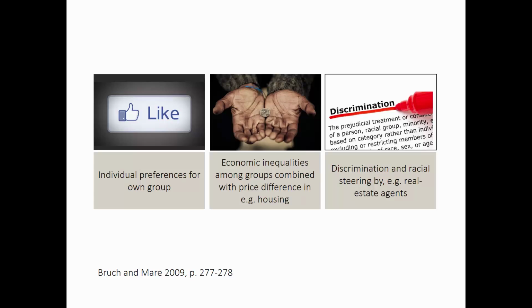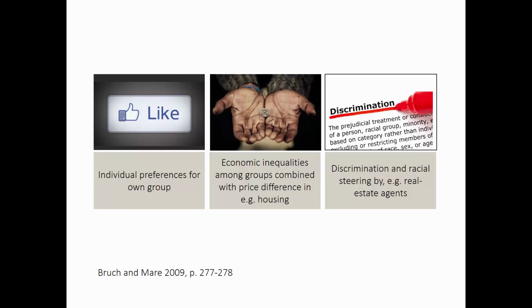It could be that there are economic inequalities combined with price differences. Think about how it used to be that blacks and whites were rich and poor, which led to whites living in certain areas of town and blacks in another. So it's not necessarily about discrimination, but about something else, right?